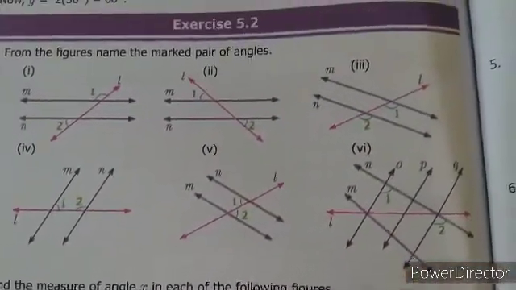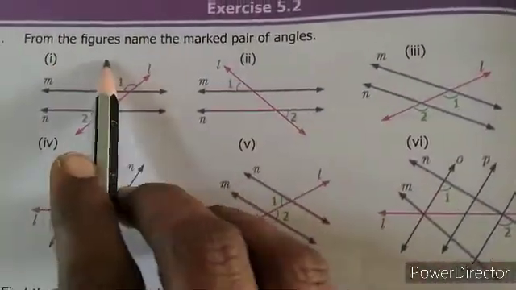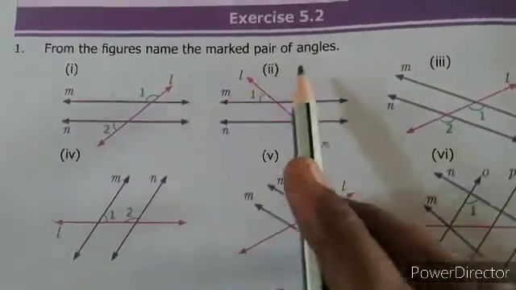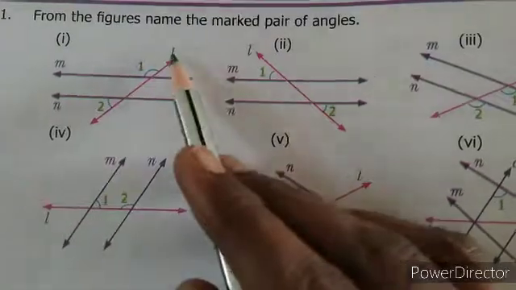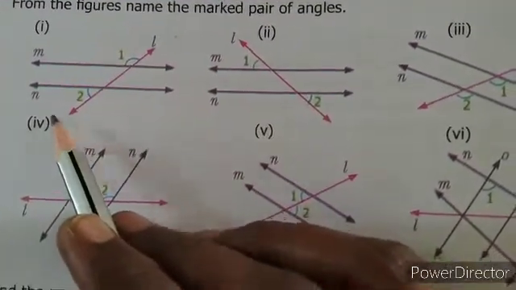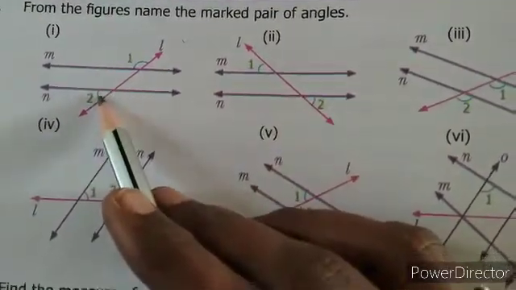Okay, now we can try to work out the exercise sums. Exercise 5.2. From the figure, name the marked pair of angles. Lines M and N are given and the transversal line is there. So angle 1 and angle 2.